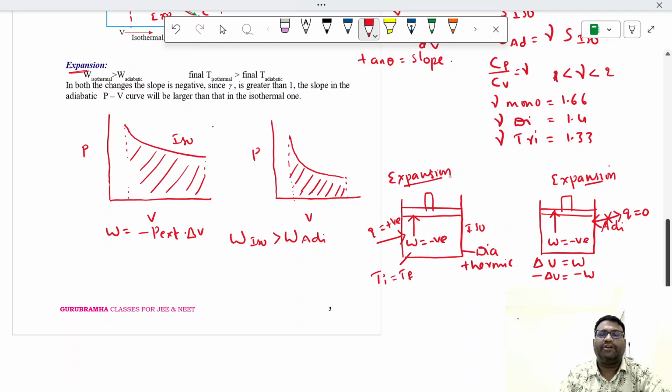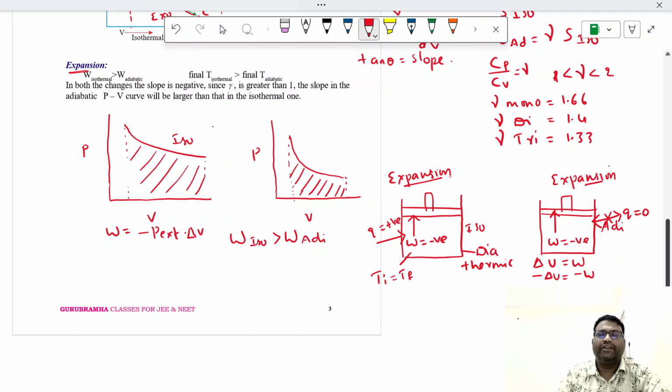What happens automatically for doing that work? Where did it get the energy? It has absorbed energy from the gas. So it derived energy from the gas and it has done the work.